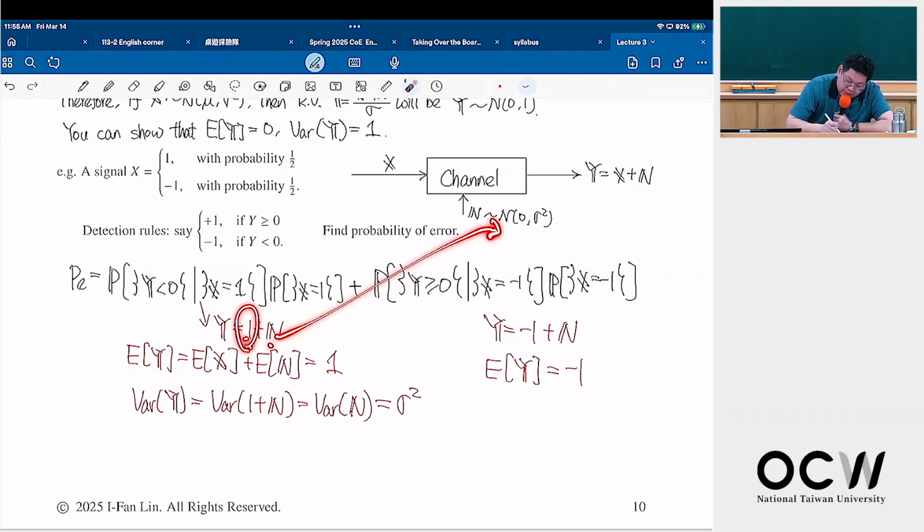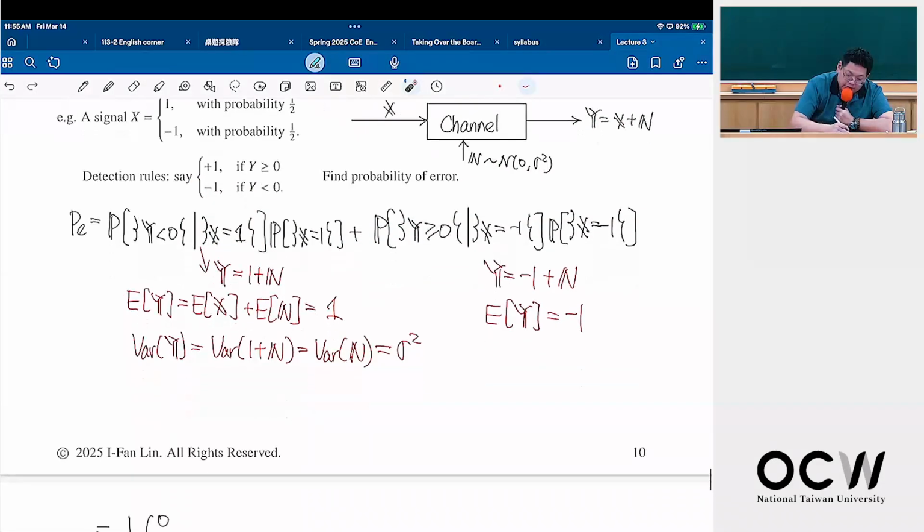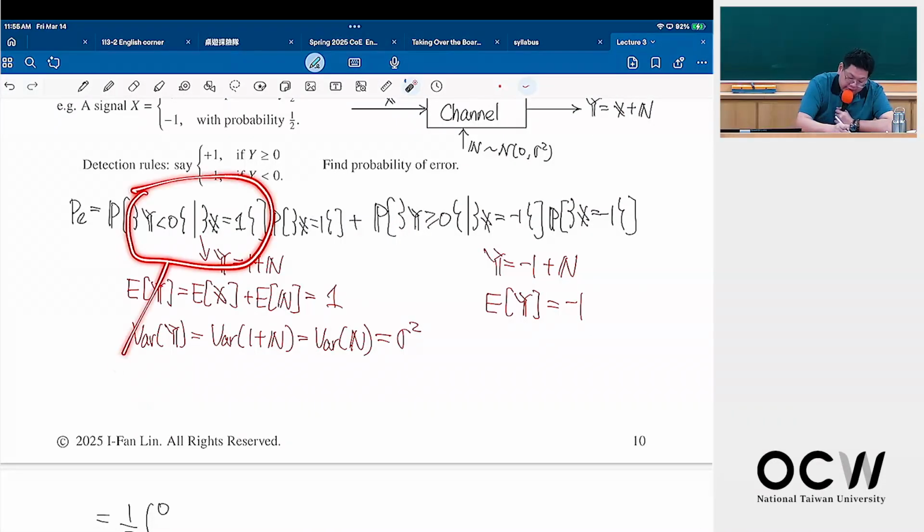A normal distribution plus a constant is definitely also normal. Otherwise, we don't know the distribution of Y until we have the condition. Because I have a condition, X is not a random variable anymore. It is a constant, either 1 or minus 1. So for this probability, the PDF is Gaussian with mean 1 and variance sigma squared.